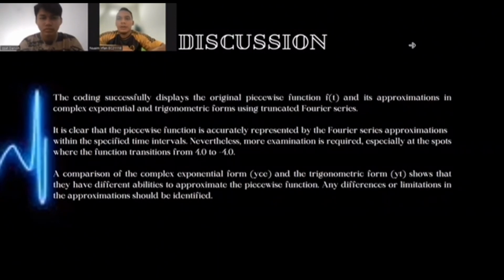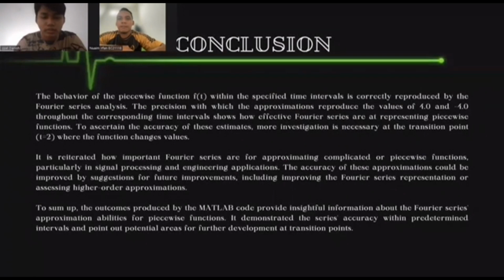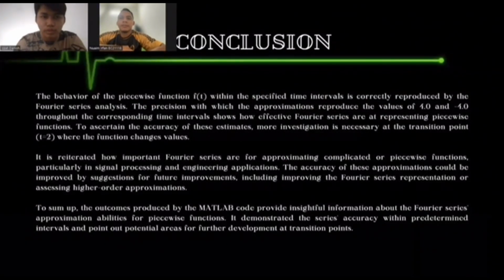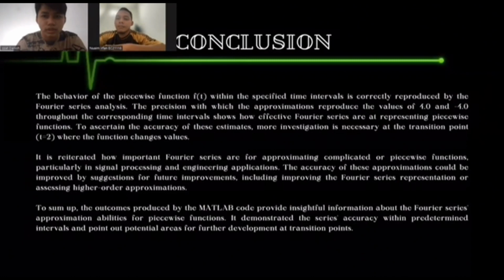I will pass to Izzat Danish. My name is Muhammad Izzat Danish bin Muhammad Zaidi. My ID number is EC21115. Okay, today I want to conclude our presentation. The conclusion is that the behavior of the piecewise function f(t) within the specified time interval is correctly reproduced by the Fourier series analysis.